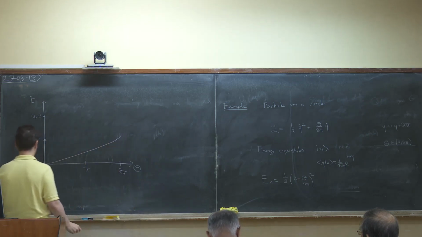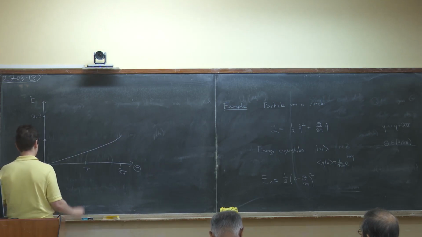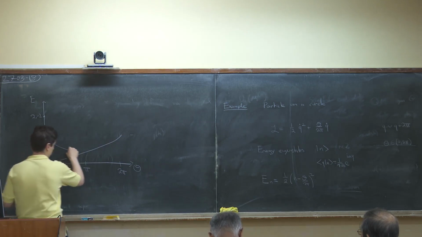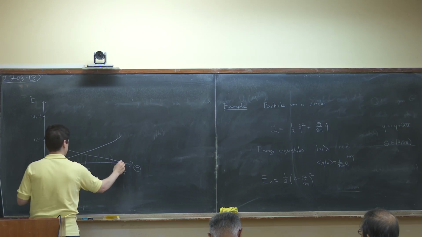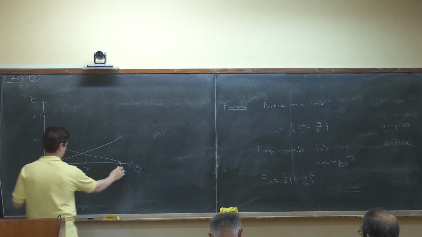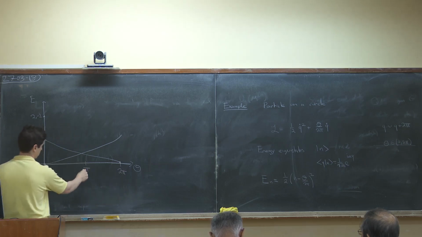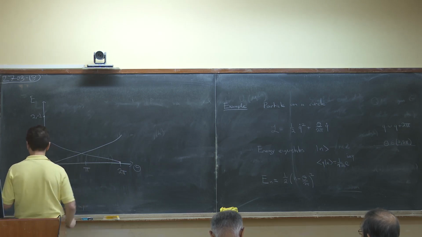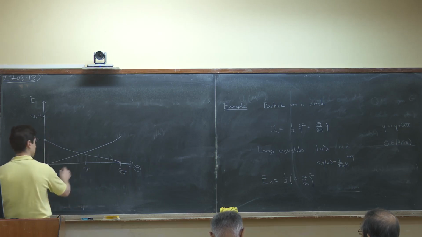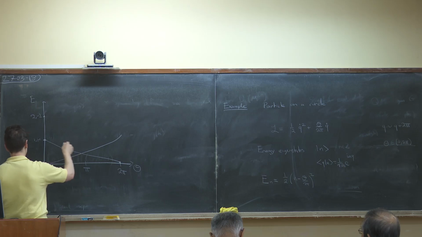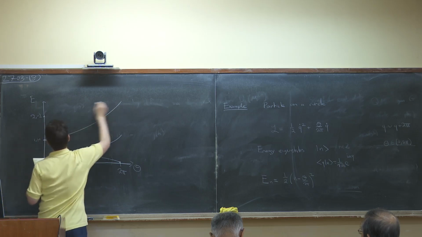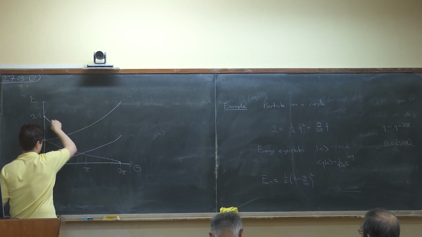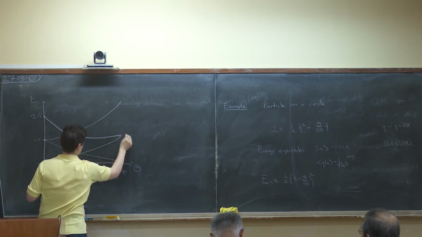So we get something like this, and let's see if I can get this correctly. This should come down to here. So at 2 pi we should get back to ourselves, but the interesting thing is that there'll be some level crossing. So this goes up, down, up, and down, something like that.